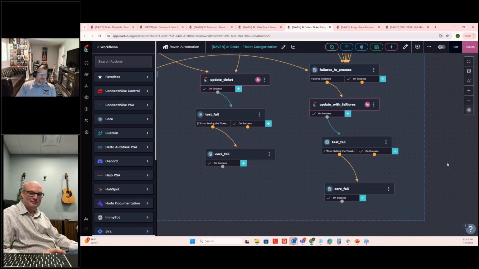So anytime we implement something like this, before we go live in production, we don't just turn it on and let it run. What we do is we actually turn it on and have it write the changes that it would make as an internal ticket note. And we go through a validation period with the partner so that we're ensuring that any changes that would be made go as that internal note so that we can review them together and determine if that would have been the desired effect.